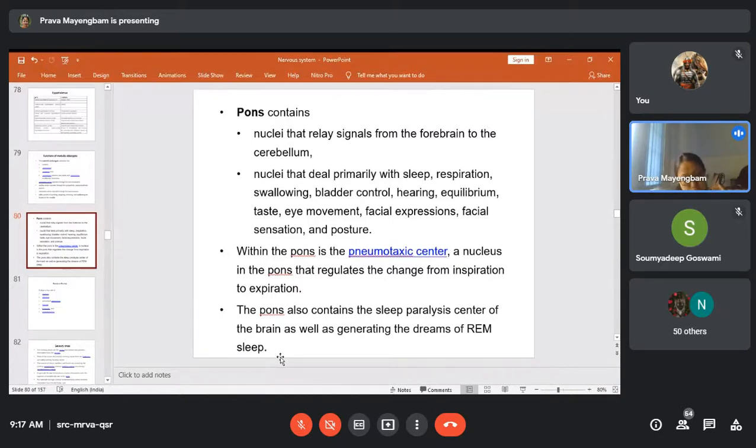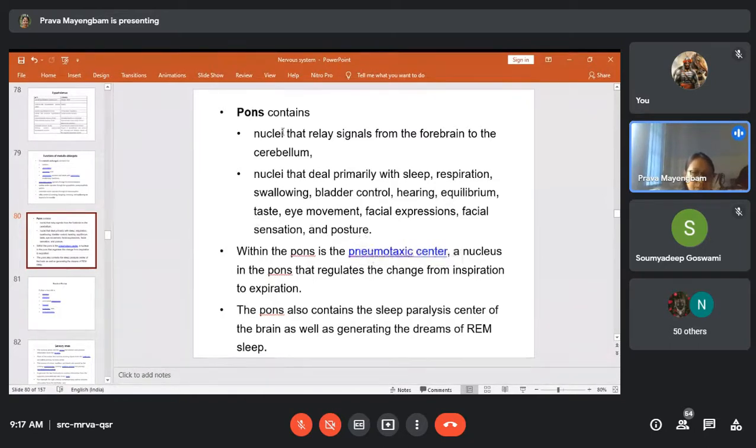So what you have to know here is that the pons is also associated with control of sleep, particularly rapid eye movement sleep. The pons has different functions in sleep, respiration, swallowing, bladder control, hearing, equilibrium, taste, eye movement, facial expression, facial sensation, and posture.